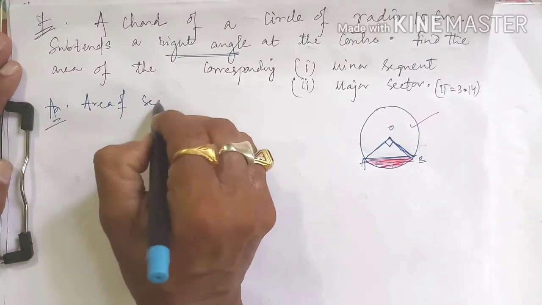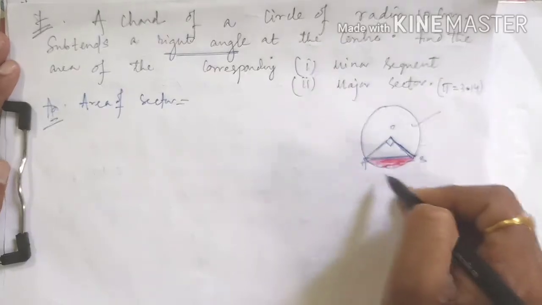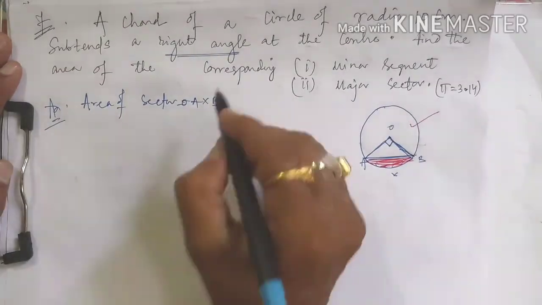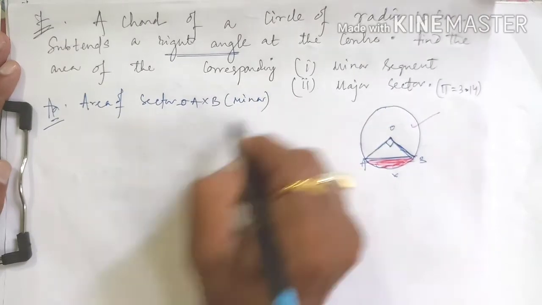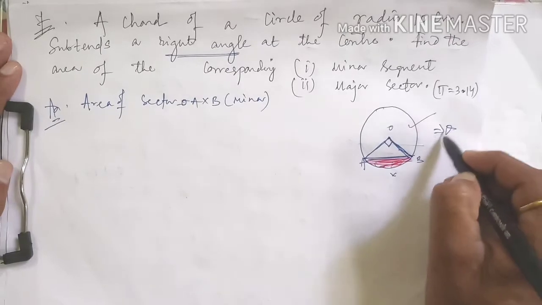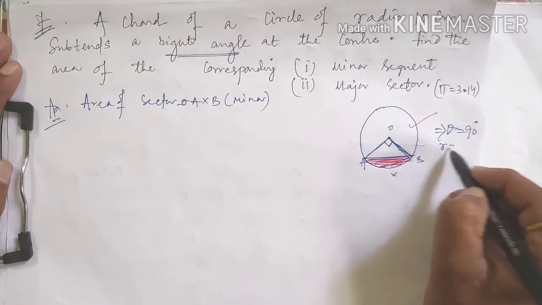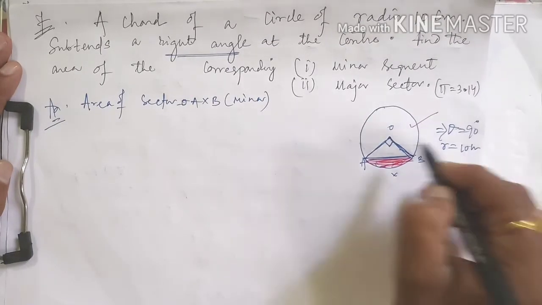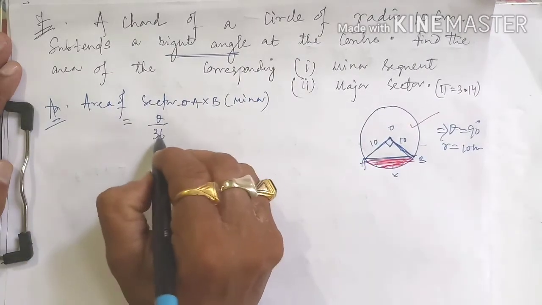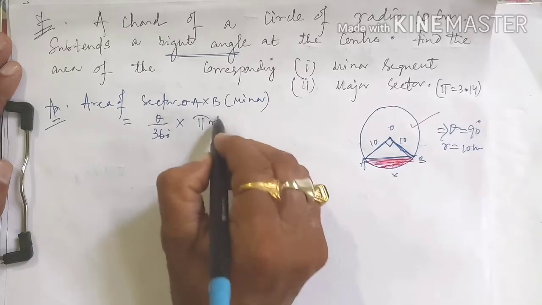area of sector OAXB, and it is called as what? Minor sector. Here theta equal to 90 degree and radius equal to 10 centimeter, given that, so it is theta by 360 degree into pi r square.